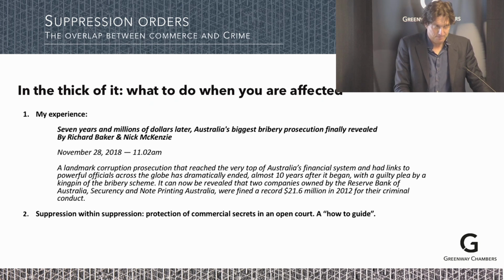DFAT got involved. DFAT raised its hand and said that the fact of the allegations that Australian executives had been involved in the bribery of Malaysian, Vietnamese and other officials would be embarrassing to Australia's foreign relations and could potentially compromise Australia's security.